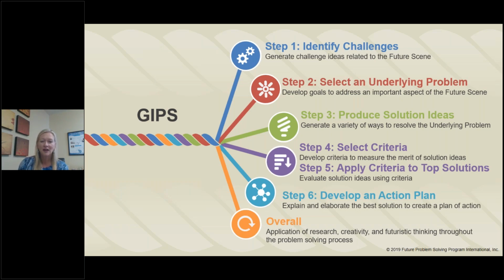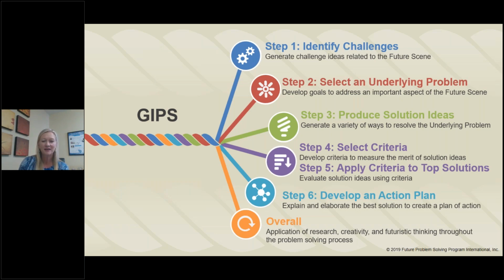Steps 4 and 5 are evaluated together. That's where we evaluate the criteria that the students generate and how they've utilized their criteria to determine which solution ideas they're going to apply in their action plan. In the action plan evaluation for step 6, we evaluate the student's ability to explain and elaborate on their best solution.